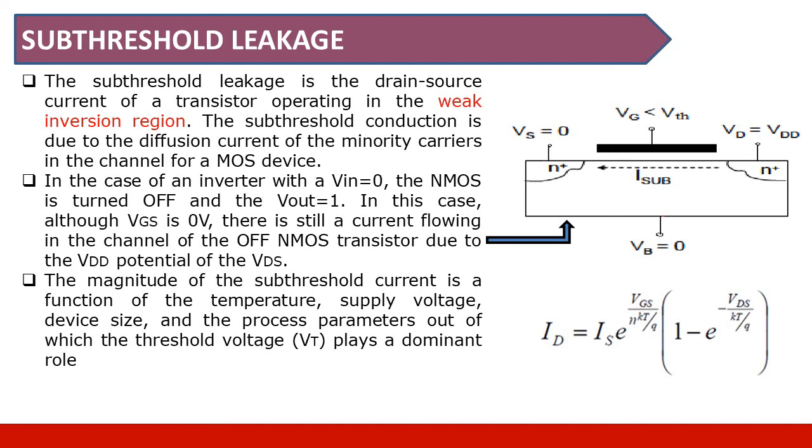So this is again a very big concern for scaling, that if the scaling says to scale down the threshold voltage, then the sub-threshold leakage of the device will exponentially increase. So this is also to be taken care of. So these are the main leakage current sources due to which the static power dissipation takes place in the device.